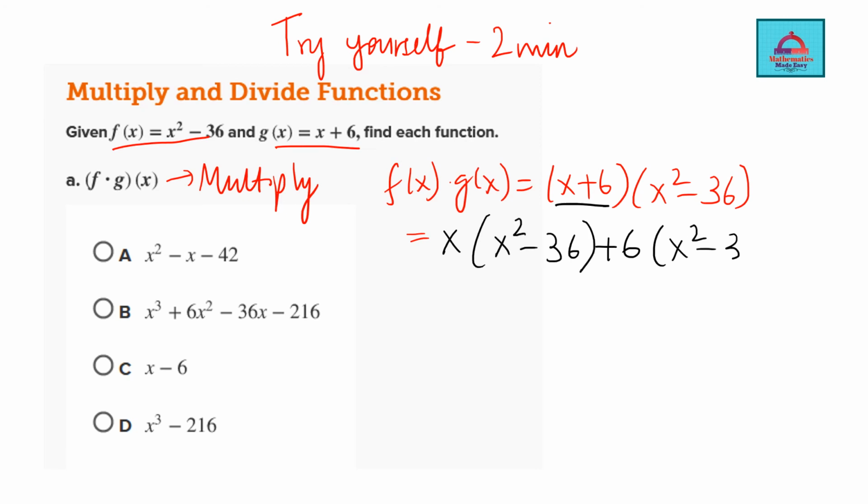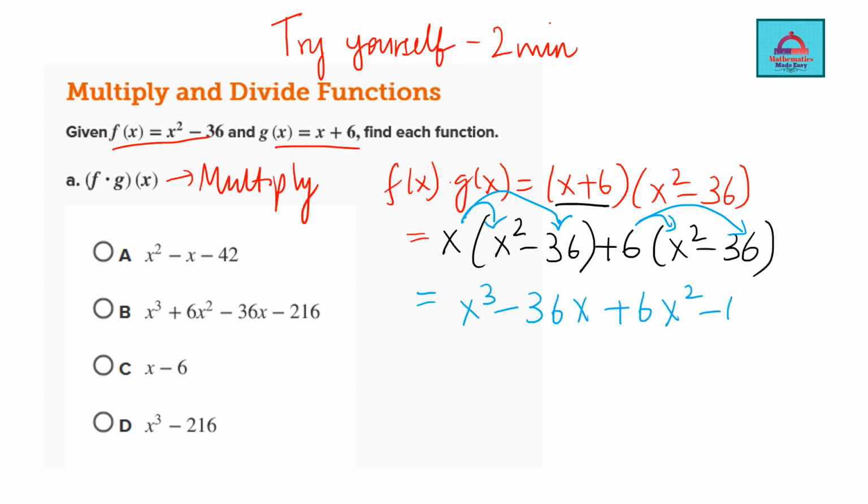When we are doing the distributive property, it is important to put the brackets, so you do not miss any term and don't make any mistake. So what do you get here? X cube minus 36x plus 6x square minus 6 times 36. So just simplify it a little bit, do the calculation, and then you'll check your answer.